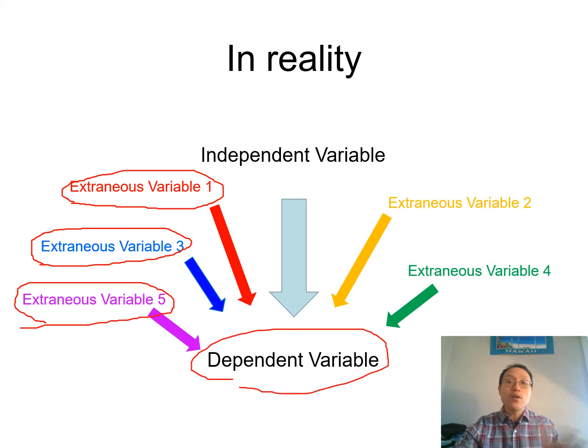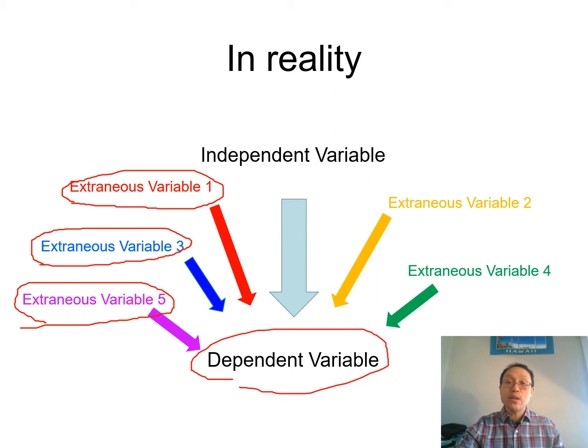So your job as an experimenter is to rule out all of these other extraneous variables, all of these other confoundings.